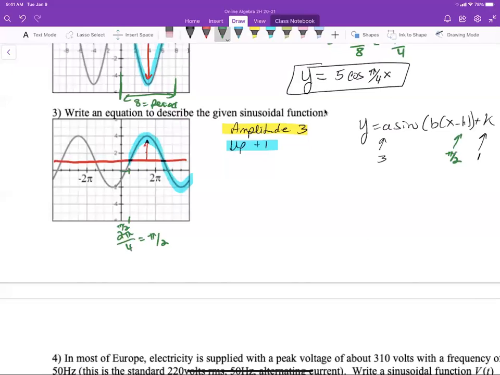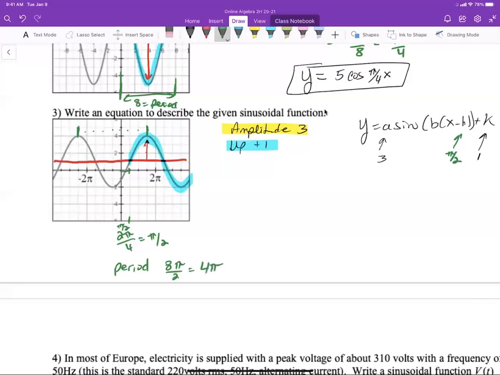Now we've got to find the value of b. For b, I've got to find the period. So how do I find the period? I go from here to here. I can count the number of tick marks I have: 1, 2, 3, 4, 5, 6, 7, 8. So the period is 8 times pi over 2, which is equal to 4 pi.